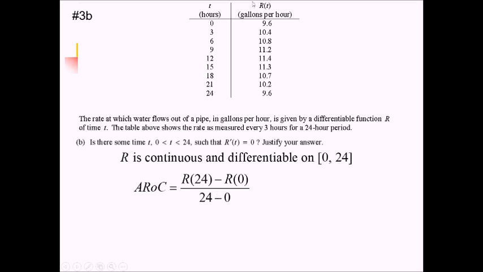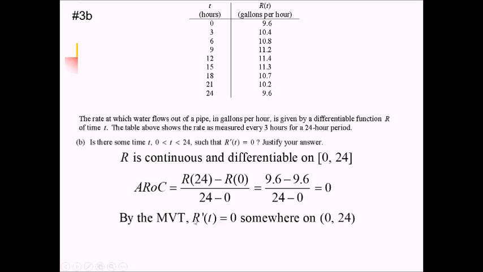R of 0, also 9.6. So we have 9.6 minus itself over 24 minus 0. And this is just 0 over something that's not 0, so that comes out to 0. Therefore, by the mean value theorem, we've just shown that r prime of t has to equal 0 somewhere on the open interval from 0 to 24.